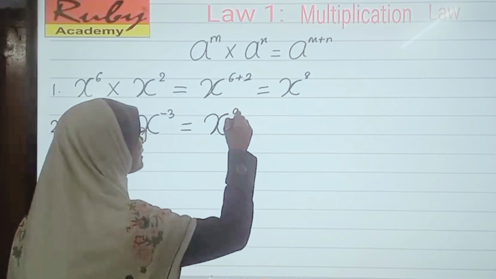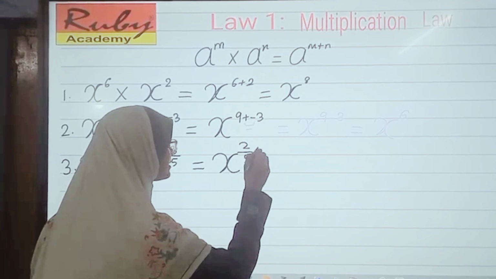Now let's take another example of fractional numbers. For the third example, we have x raised to 2 by 5 into x raised to 3 by 5. We follow the same method in fractional numbers too. Let's add these two fractions: x raised to 2 upon 5 plus 3 upon 5.